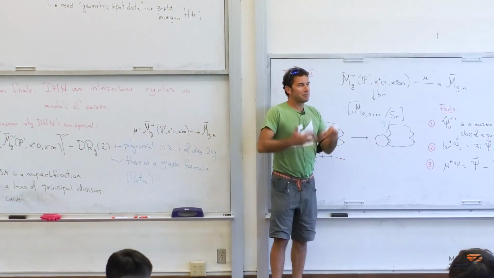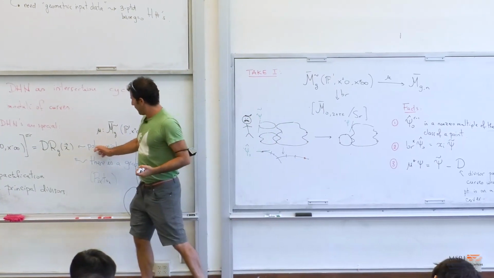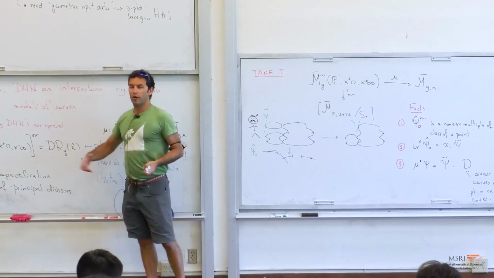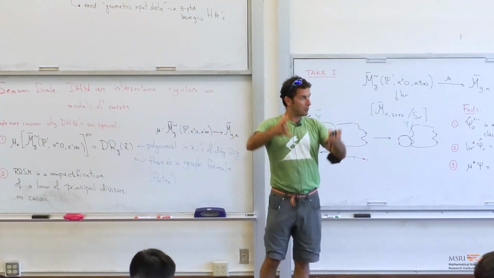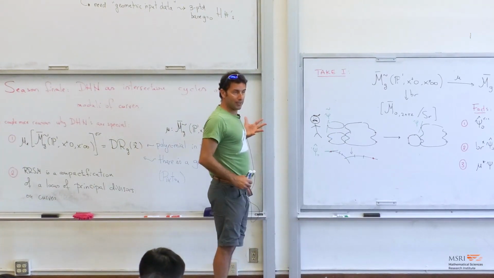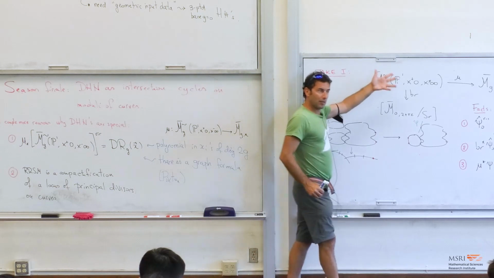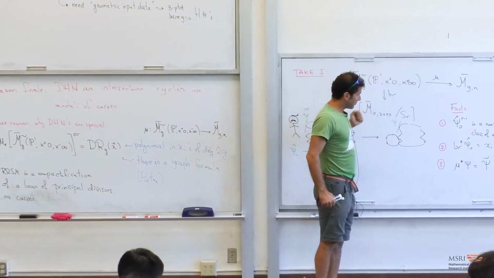And anyway, it's a whole big mess, but from this fact and from how the virtual fundamental class of a moduli space restricts to its strata, you actually can witness the local polynomiality of double Hurwitz numbers.